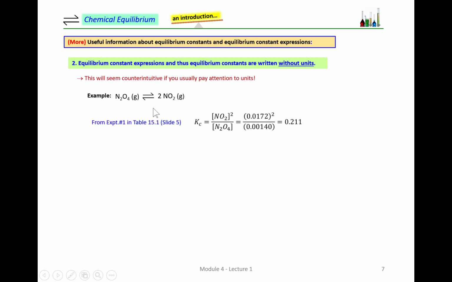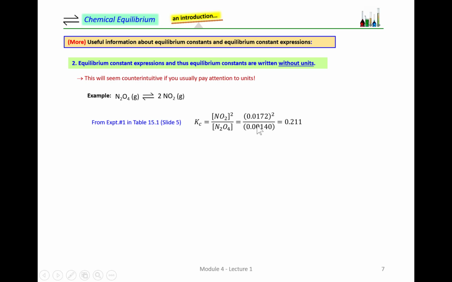If we write an equilibrium constant expression for this equilibrium, of course, it's here. And from experiment 1 in that table, we had 0.0172 molar squared divided by 0.00140 molar, giving us this value, and we didn't put the units of molarity in.